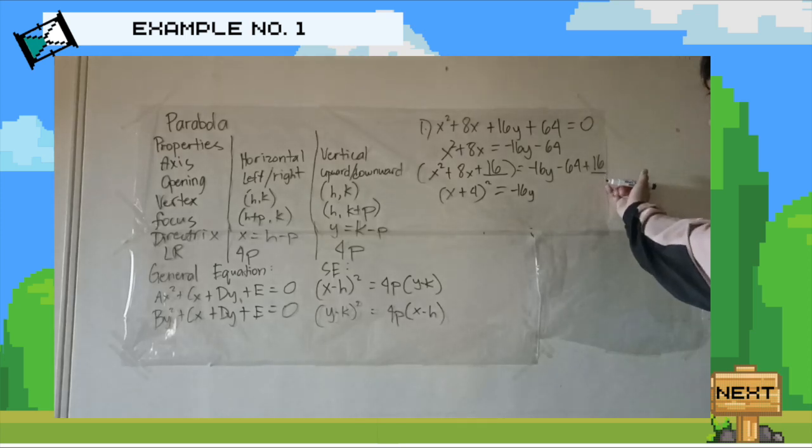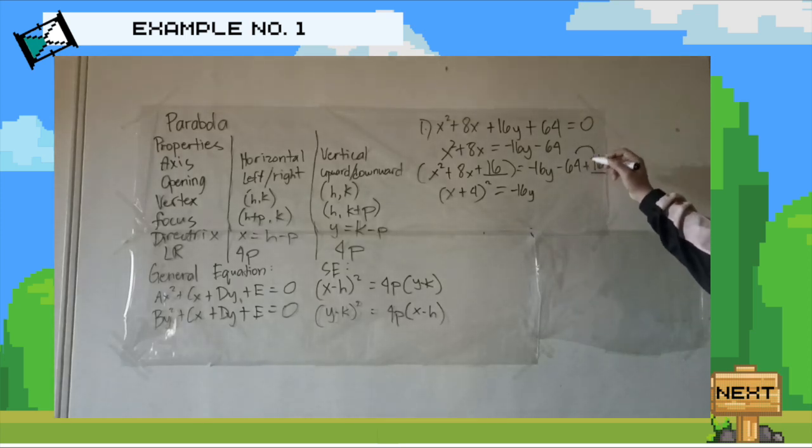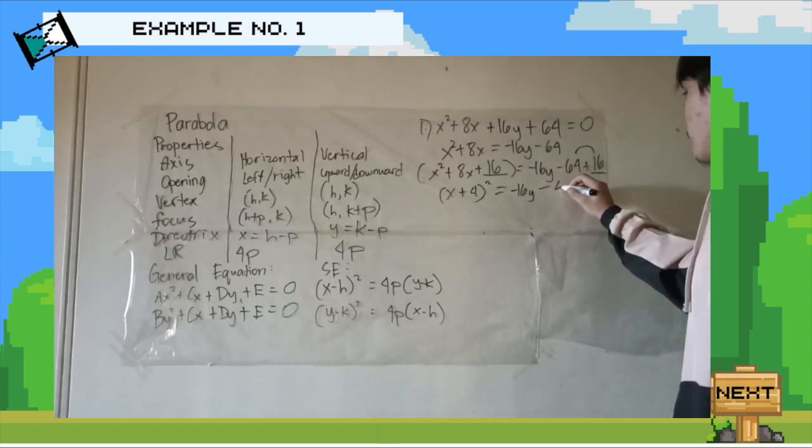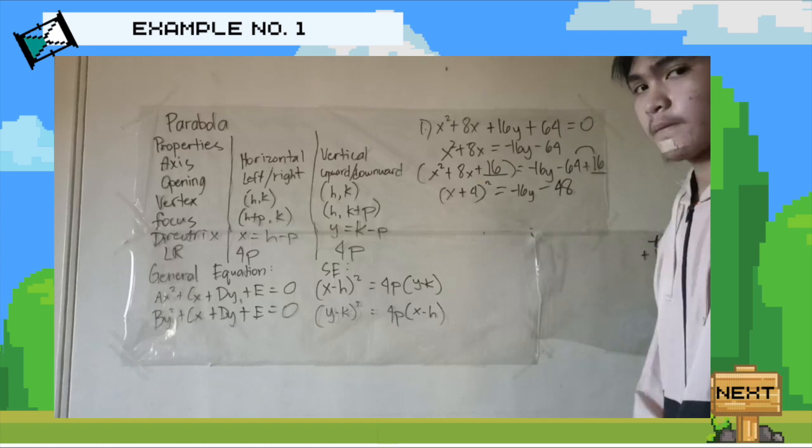Combine these two terms: negative 64 plus 16, which is negative 48.